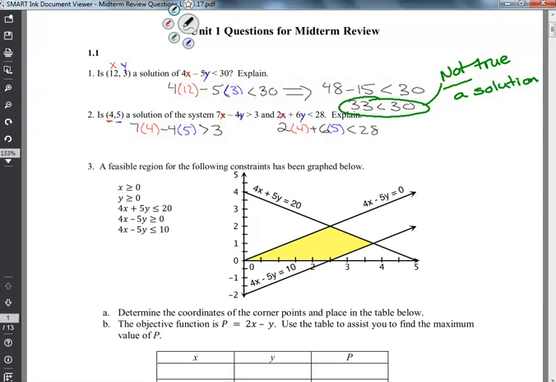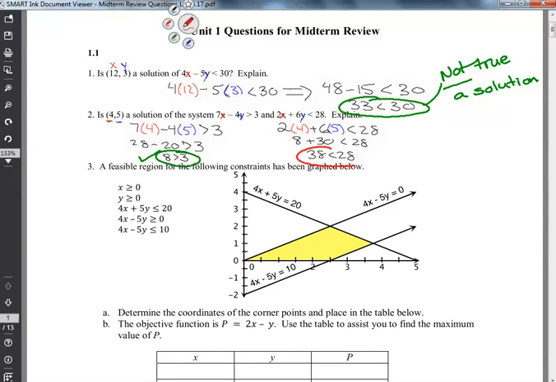Alright, so if I do this out, I get 28 minus 20 is greater than 3, so I get 8 is greater than 3, which that works. Over here, I get 8 plus 30 is less than 28, and I get 38 is less than 28.